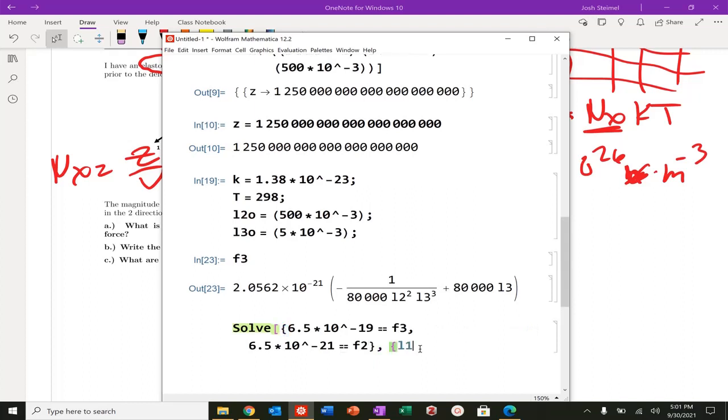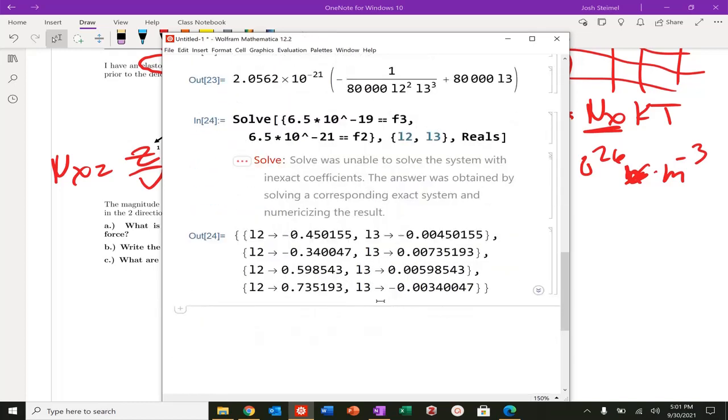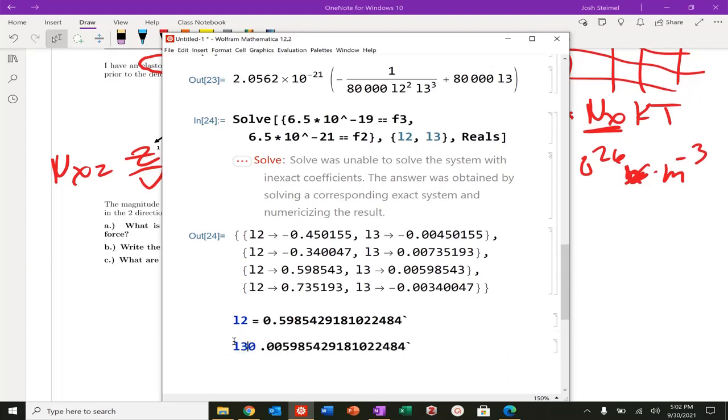Let's solve this for L2 and L3. I don't want any negative values, can't have any negative values. So my L2 is this. My L3 is this.